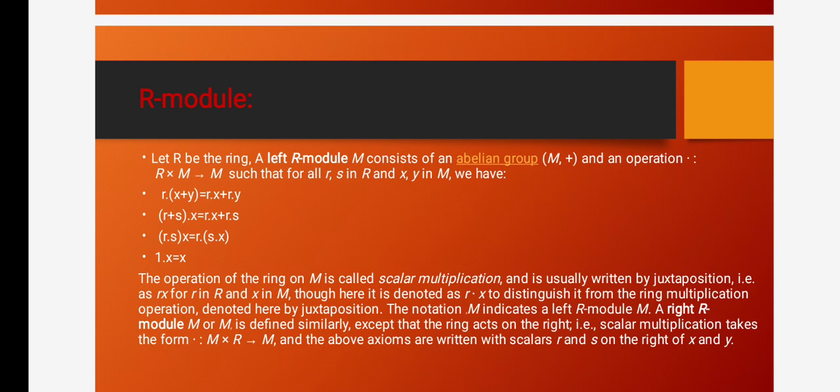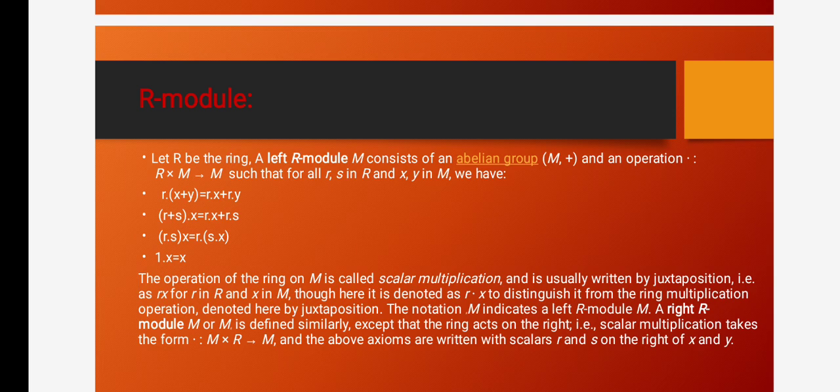Then there is a mapping dot, R cross M to M, such that for all r and s belonging to R and x, y belonging to M, four properties are satisfied. That is called a left R-module M. r dot (x plus y) is equal to r dot x plus r dot y.